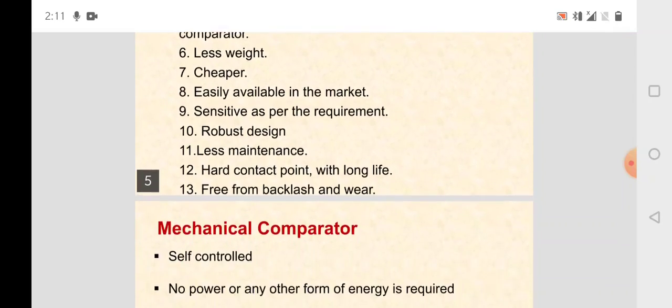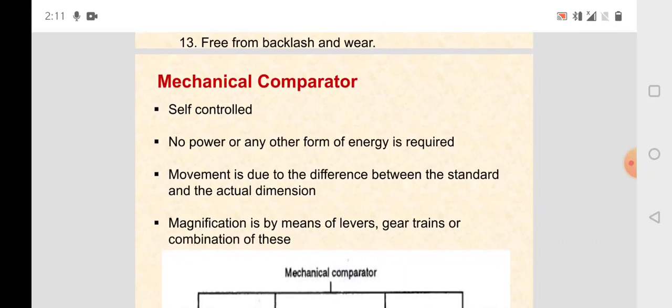Then next is the mechanical comparator we are going to see. There are three types of mechanical comparator generally in use. First property of the mechanical comparator is self-control. There is no external agency or any sort of energy used.